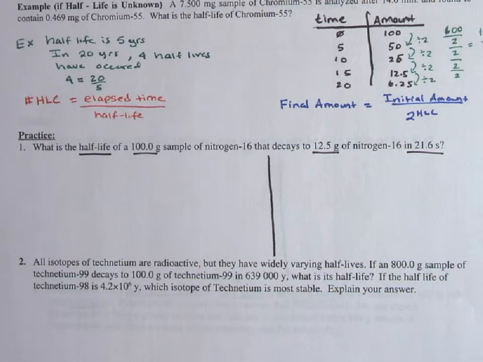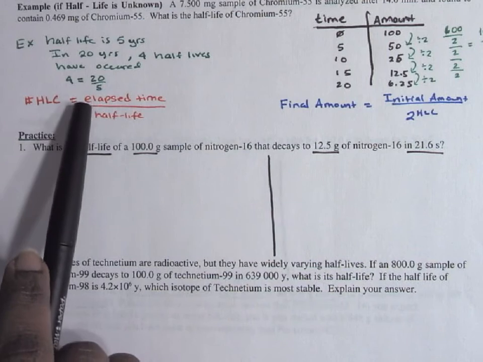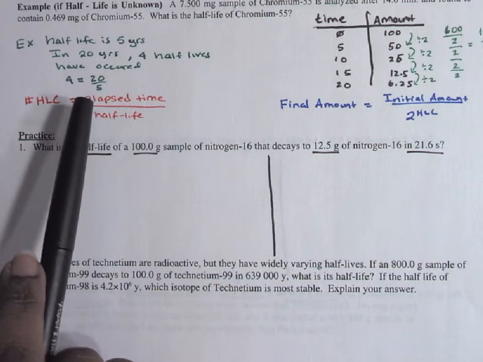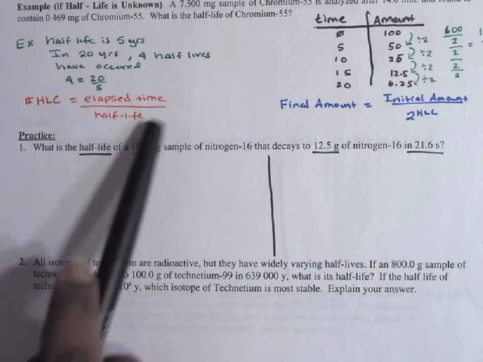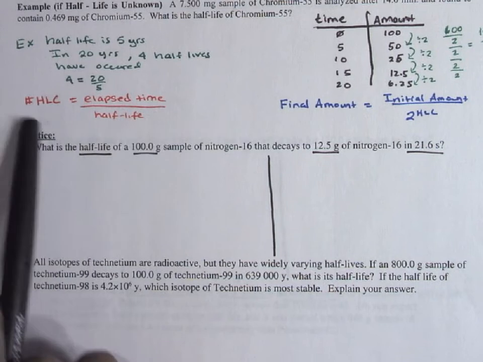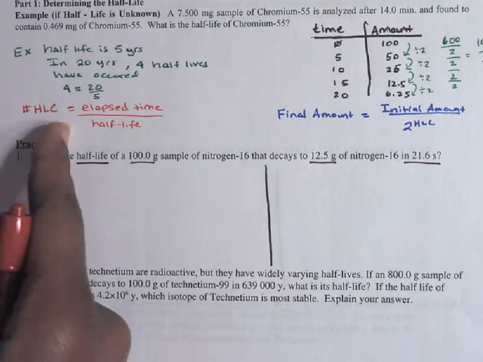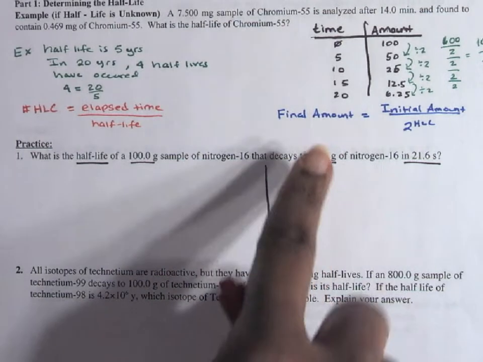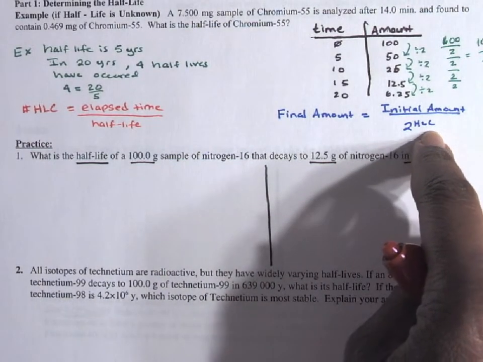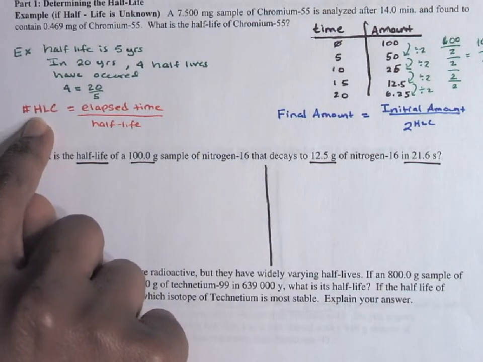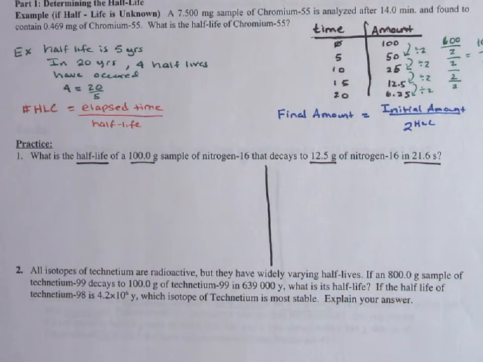So if you're asked to find, for example, the elapsed time, then that's in this first equation here in red. So I would use this equation, I'll call it equation A, last, and I would use equation B first. I'm going to use equation B to get the number of half-life cycles, and then I would plug that into equation A and solve. So let's take a look at this example and see how that works.